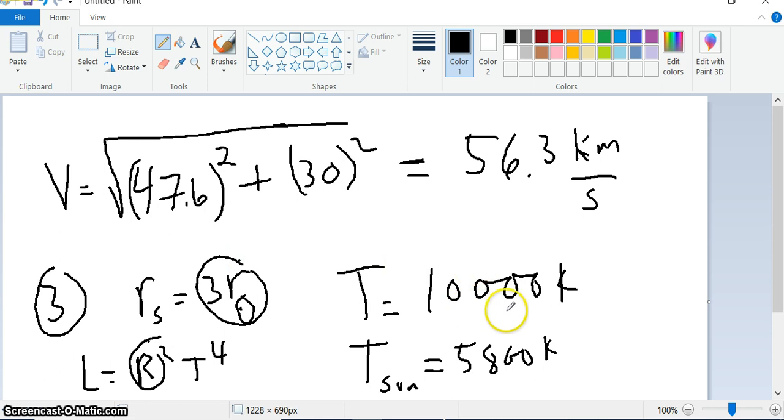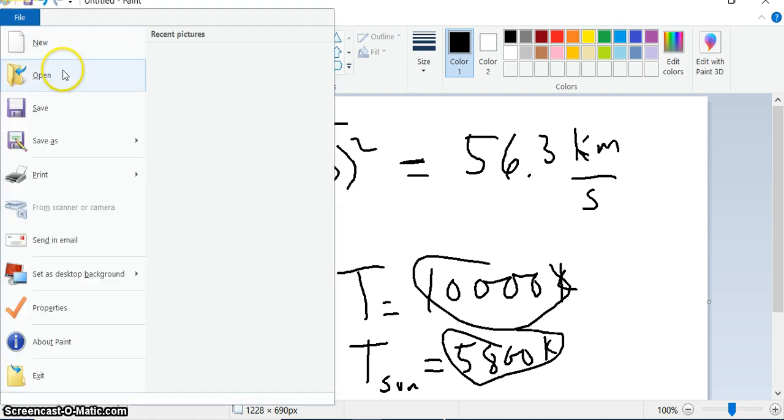The temperature is compared to the temperature of the sun, so it has to be in solar units. You take the star's temperature, 10,000, divide it by the temperature of our sun, and that puts it in solar units. Okay, we'll do that right now.